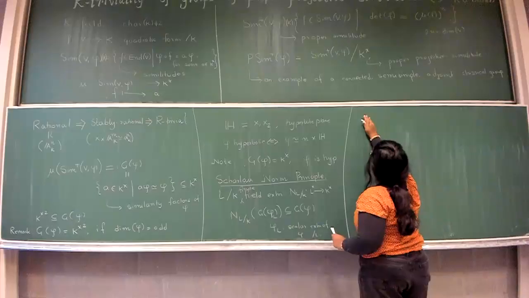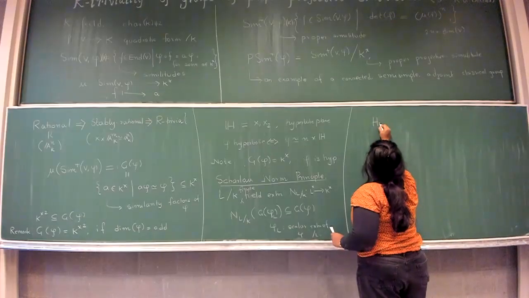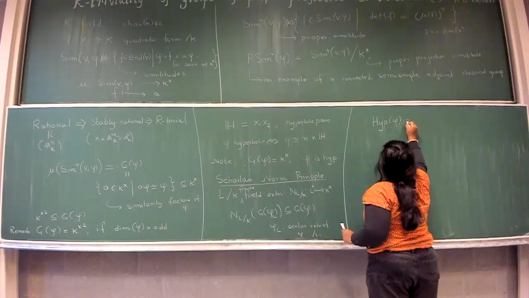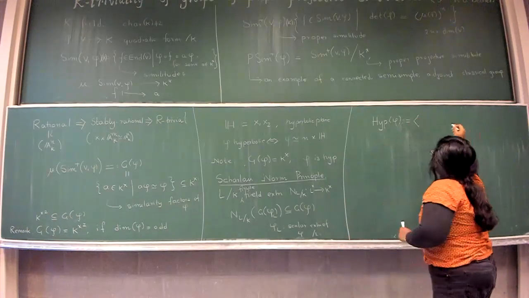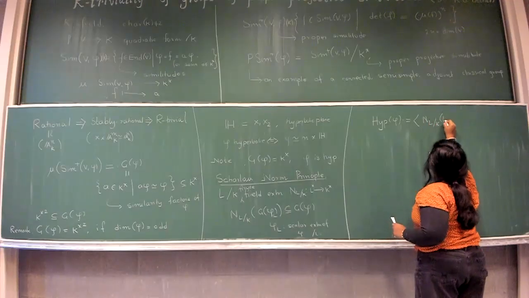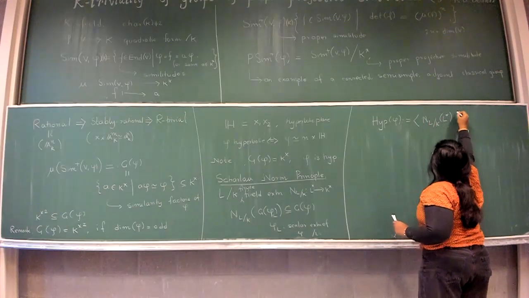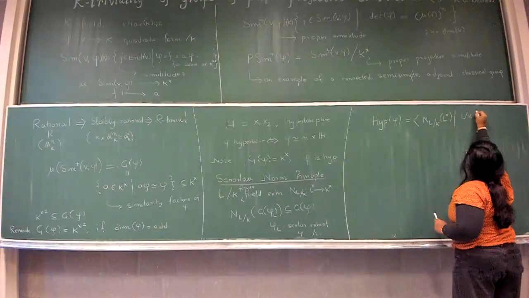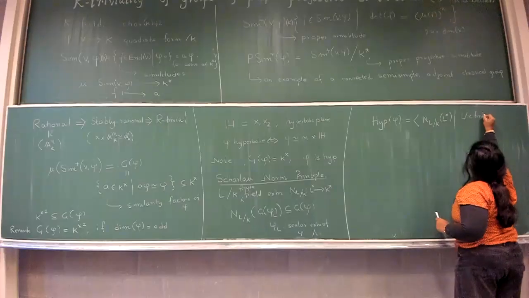For the next group, it is generated by all those norms, such that this element is a finite field extension.